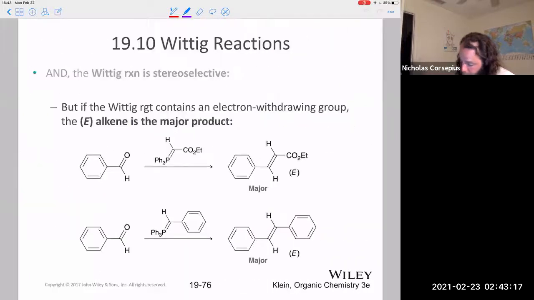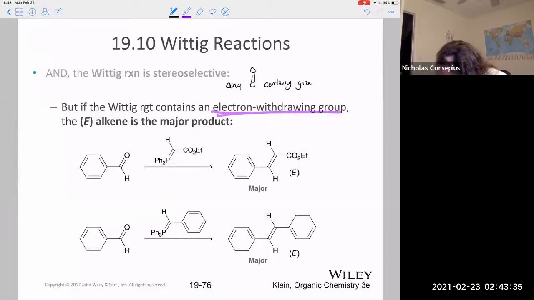The exception is if your Wittig reagent contains an electron withdrawing group. Remember, we should be well versed in what electron withdrawing groups are from the last chapter. That's any carbonyl containing groups, right?